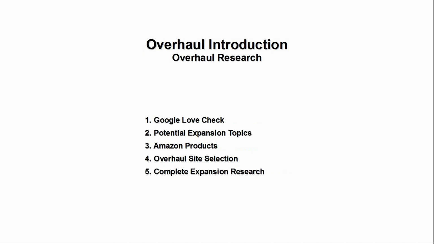My overhauling works in a somewhat similar manner where I first start with research so I can plan out an approach and then I execute that approach. Well, with an overhaul, this whole research and planning phase becomes much, much more important, especially if you're dealing with a site that is already successful, because you need to make sure that that expansion is being done very carefully so you don't destroy any good that might already be in existence on that site.